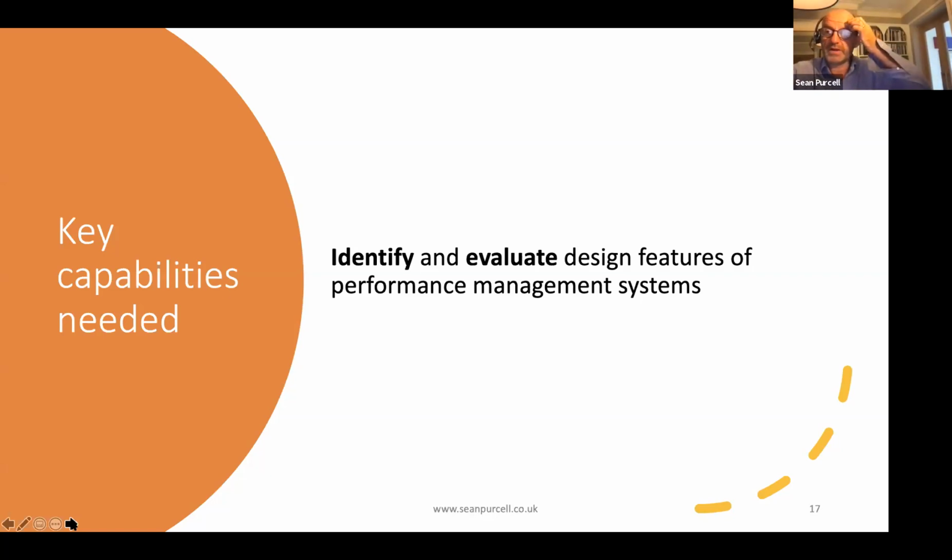How do these technologies impact on performance management? It's very much part and parcel of a modern workplace. Read the articles on big data, read the articles on IT I mentioned earlier, and you'll be absolutely fine on this area.